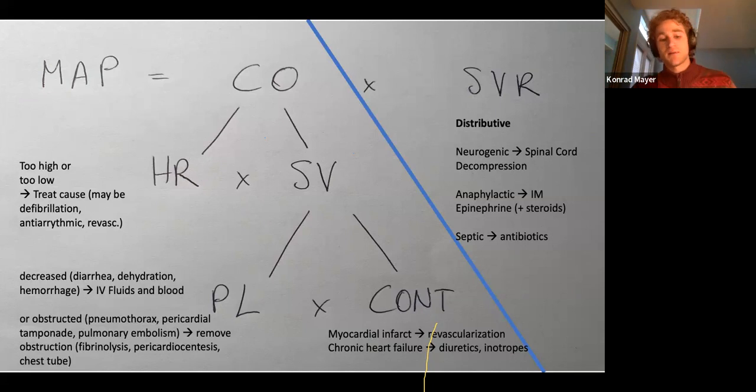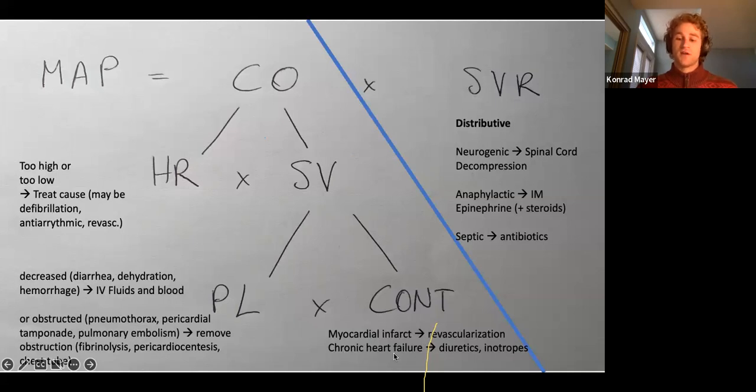And if they have a pulmonary embolism, then we give heparin followed up with warfarin or the new oral anticoagulants. If they have a problem with contractility, most common thing is a myocardial infarction, then we have to send them to the revascularization site, the cath lab, or we give a clot buster.